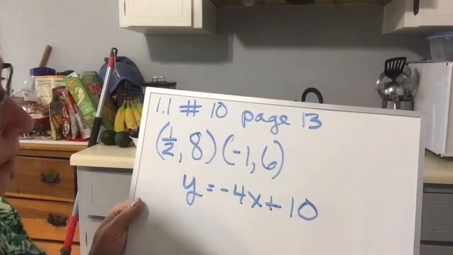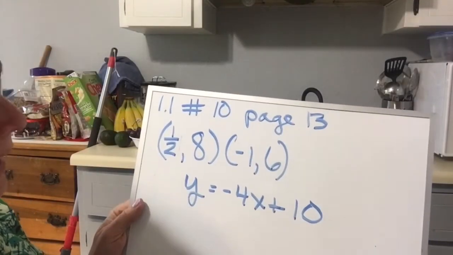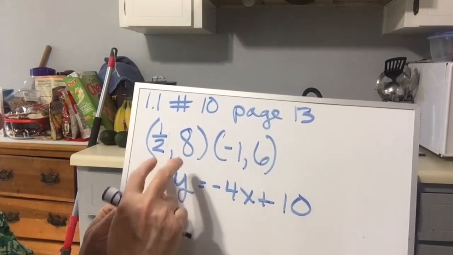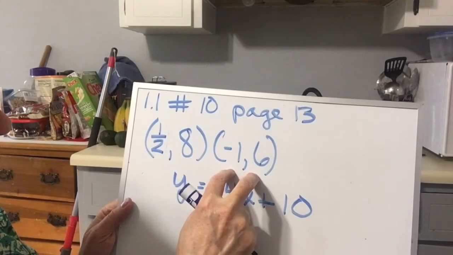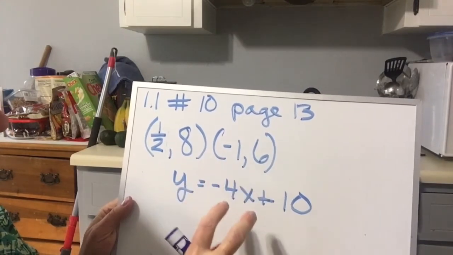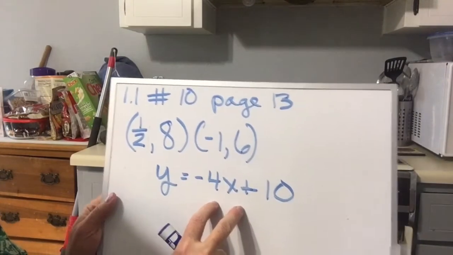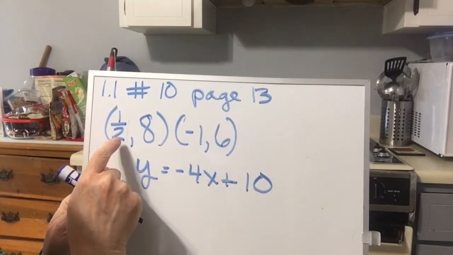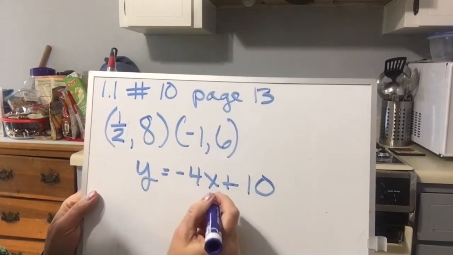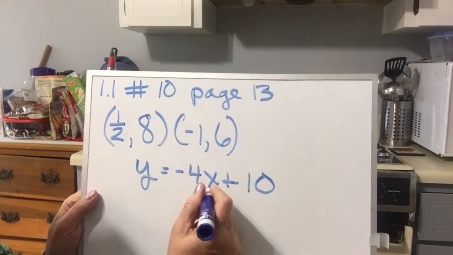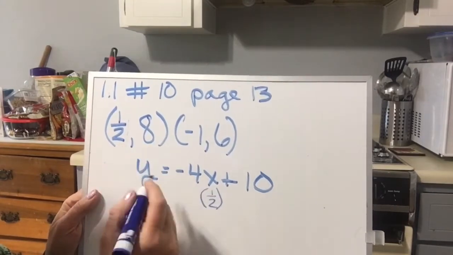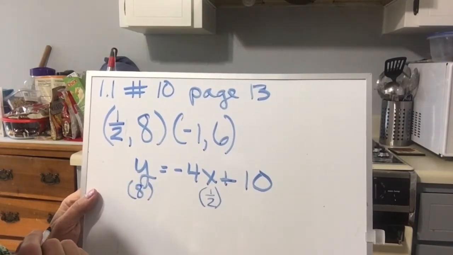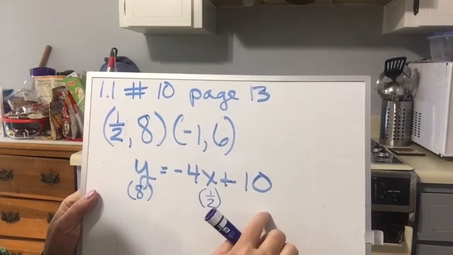Okay, so here we are with problem number 10, and I've written it on my board. On this one, we're supposed to see if these points, either one or both, will solve this line. I'm going to try this one first. I'm going to plug in 1/2 for the x, and 8 for the y, and then calculate to see if this is a true statement.